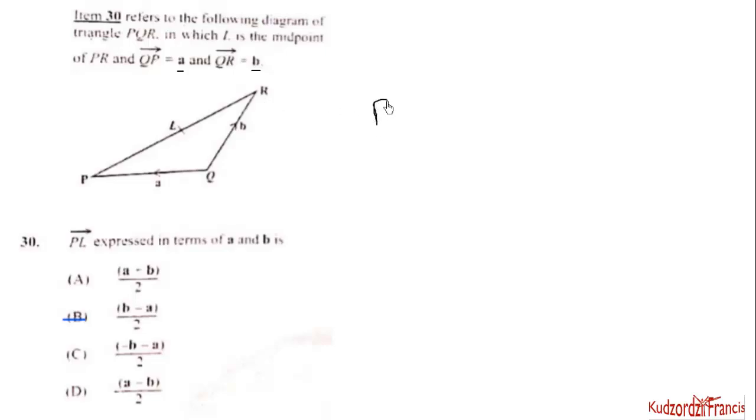So vector PL is equal to half of PR, and we need to express PR in terms of the position vectors A and B.